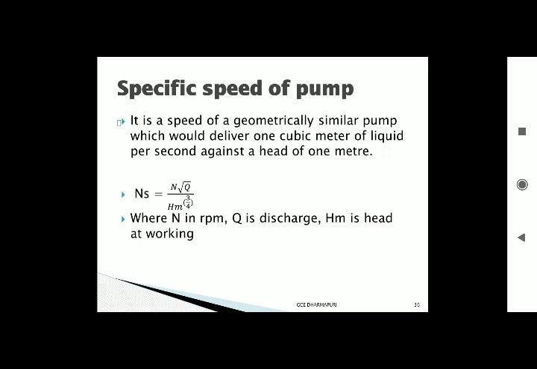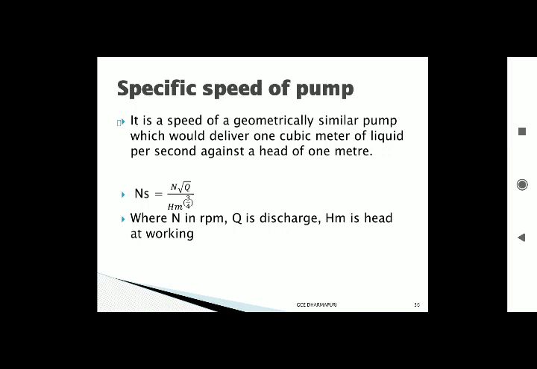Before this I discussed dimensional analysis, which is also an easy unit for scoring marks. While studying for your examination, give first preference to the dimensional analysis unit, because that is easier to understand and we can get marks easily from that unit.